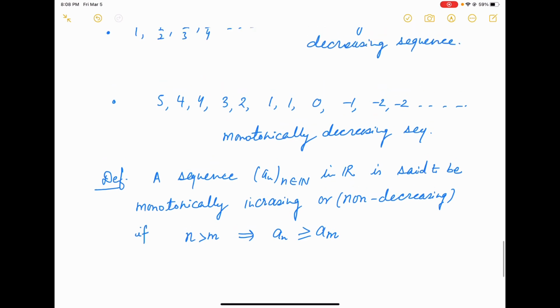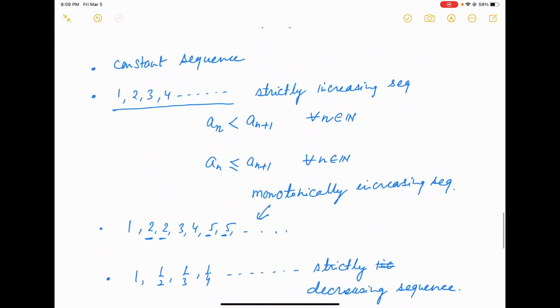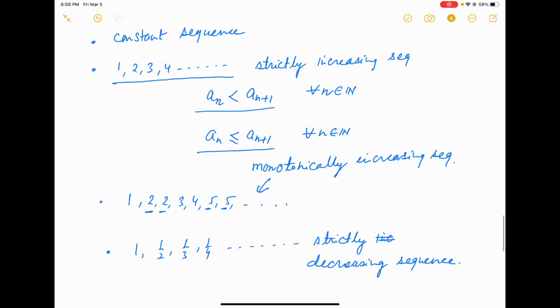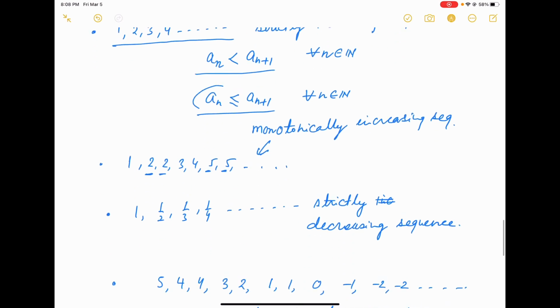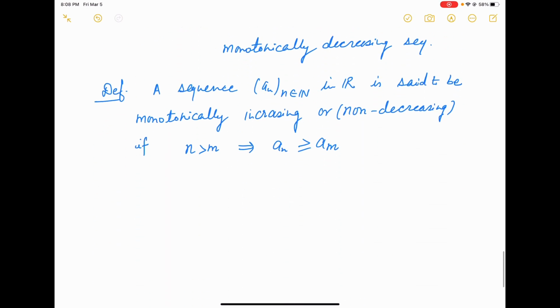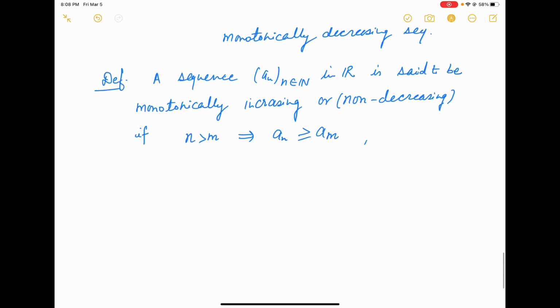This is a different form of writing it. Here we represent one index as m and another as n. So if n is greater than m, then a_n is greater than or equal to a_m. Obviously m and n represent natural numbers.